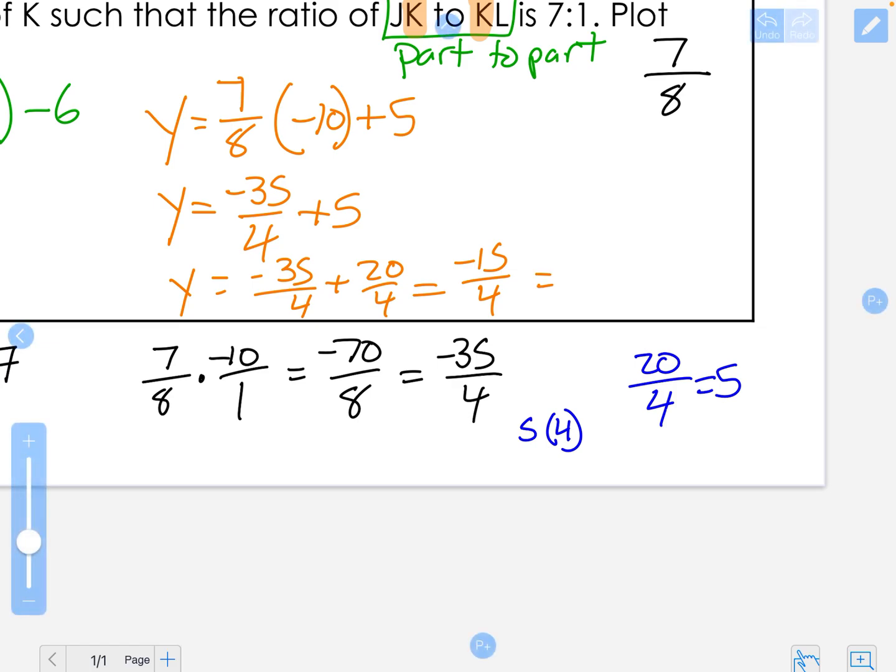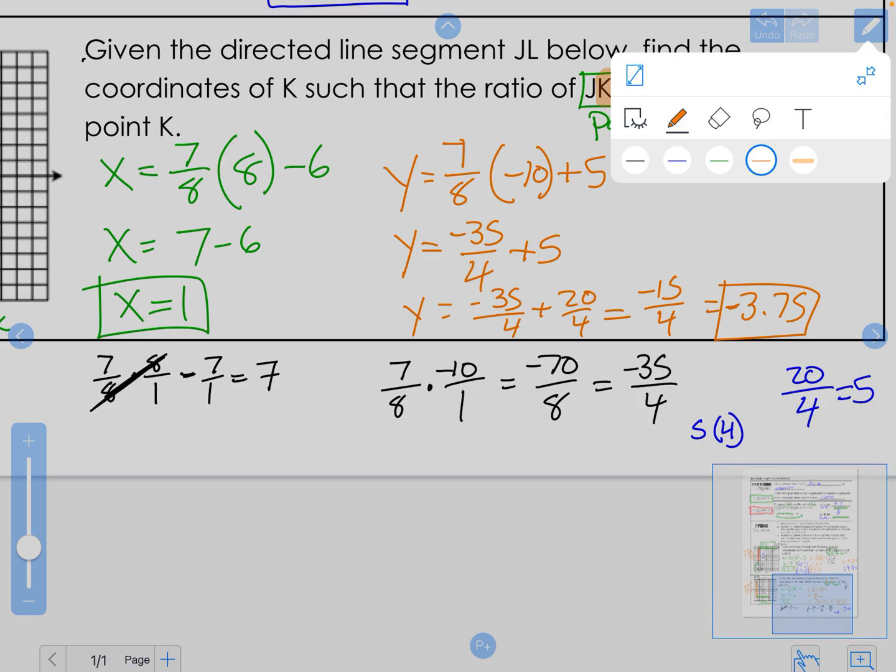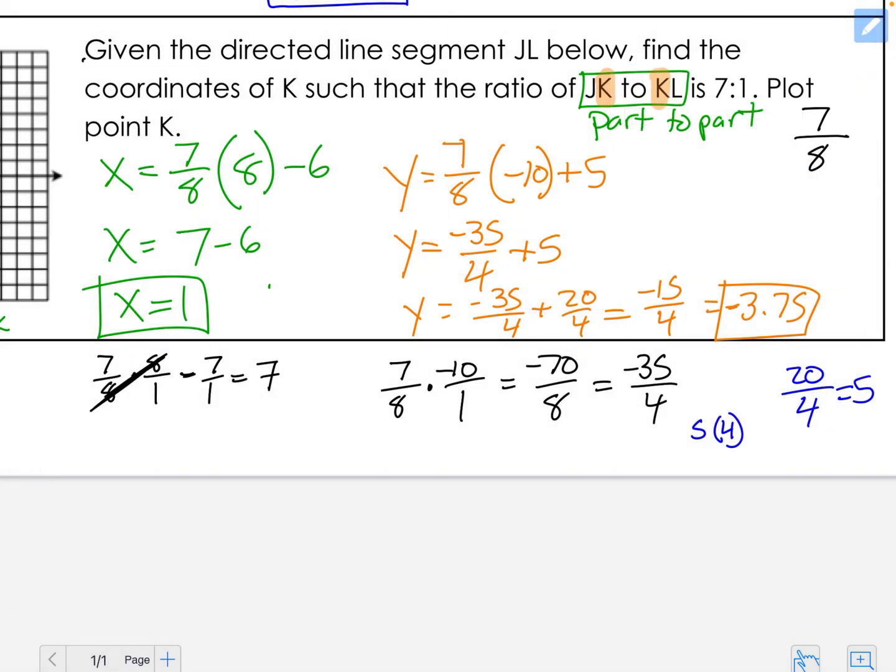So I believe it is a 3.75, if that's easier for you to comprehend. But we got to remember that it is negative. Because again, 4 goes into 12 three times. I'm left with 3 left over. 3/4 is 0.75. So my final point for where K should be on this line should be 1, -3.75. That is what point K should be.